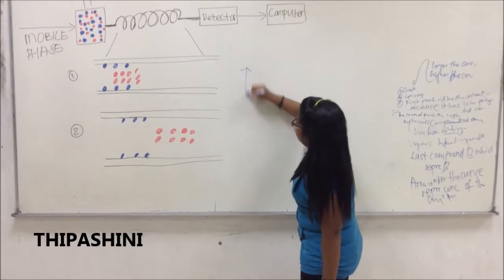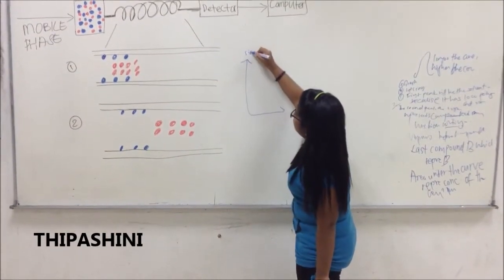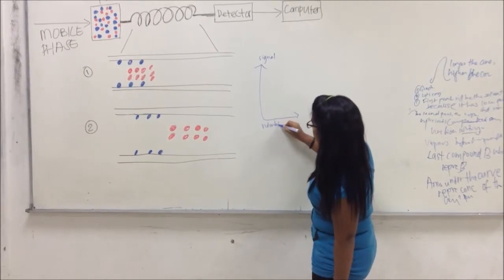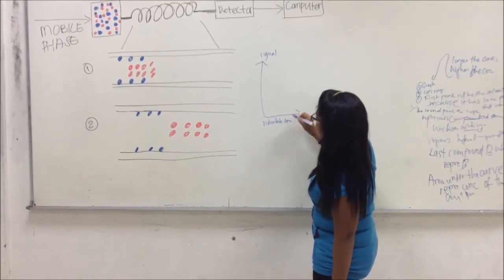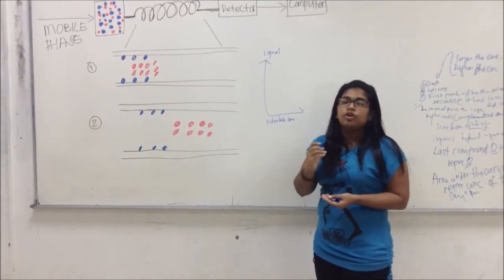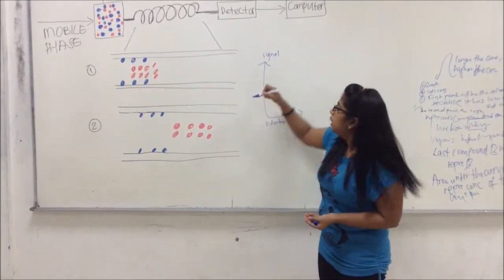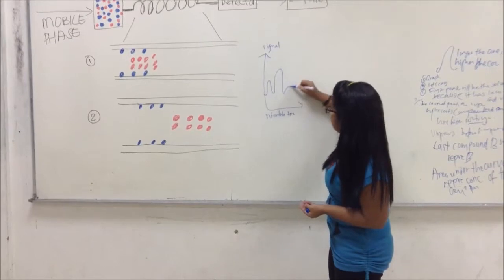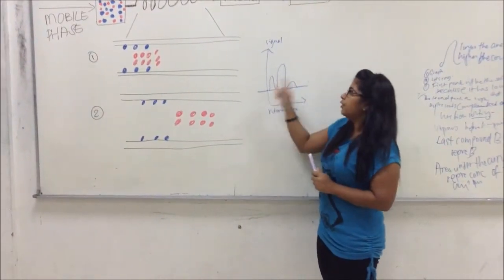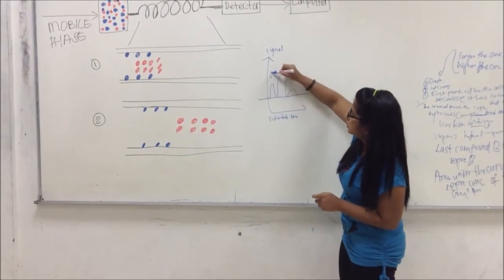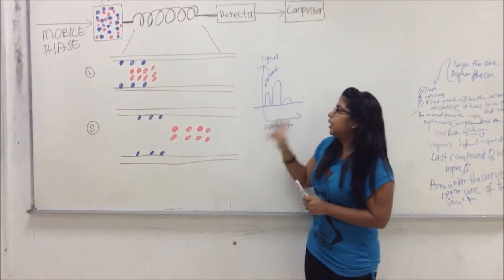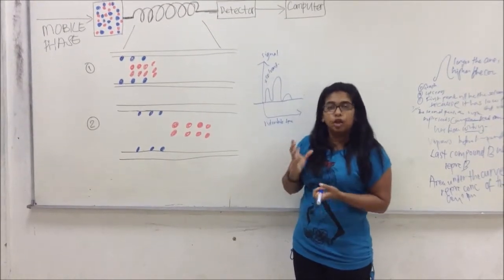A graph of signal versus retention time can be plotted to represent the data. For two compounds, normally 3 peaks will form to represent the data. In this case, the first peak represents the solvent, because the solvent has a low boiling point.